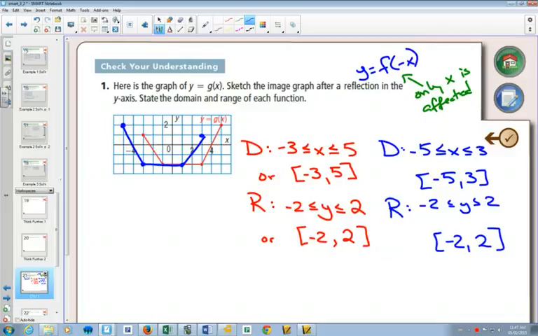What the exam will sometimes do is it'll say, you don't get the graph. We just tell you the domain is negative 3 to 5. What's the domain when the line is reflected over the line x equals 0? Or when the graph is reflected? Or when it's reflected in the y-axis?